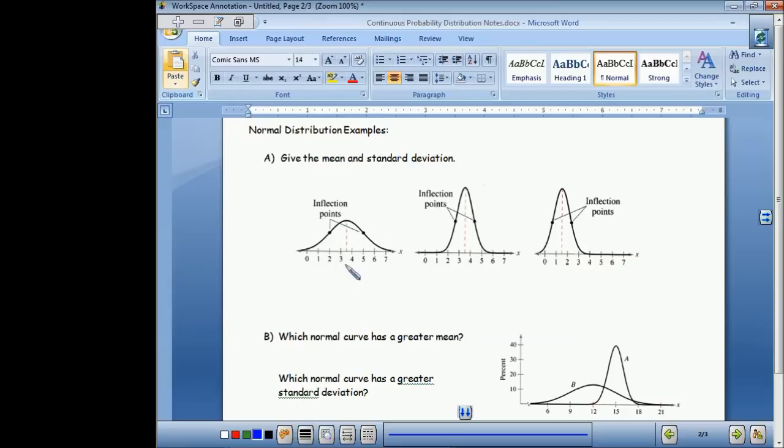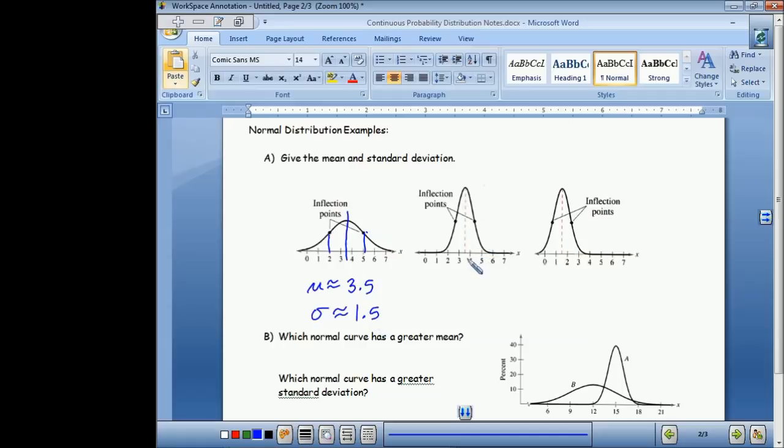If we look at the first problem, it looks like the mean of the data is right here, at about, we're going to estimate, 3.5. Now, the inflection points are noted for us, and they occur at 2 and at 5. So how far away is that from the mean? That would give us approximately 1 standard deviation. So that distance is about 1.5.